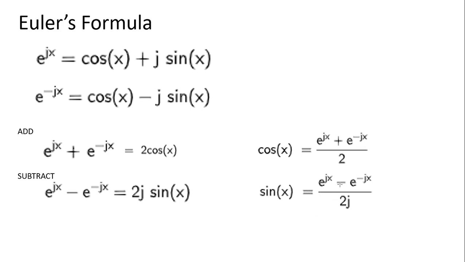You can put this in your head, or it's probably easier to just remember Euler's formula. This is a pretty straightforward, quick derivation. So we have Euler's formula, and the cosine and sine extracted from Euler's formula.